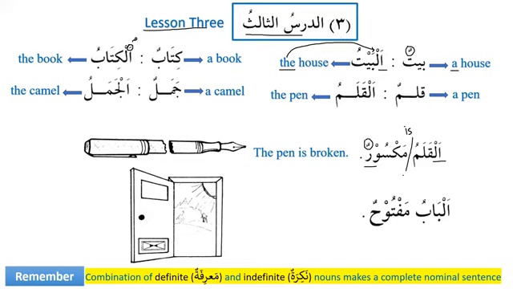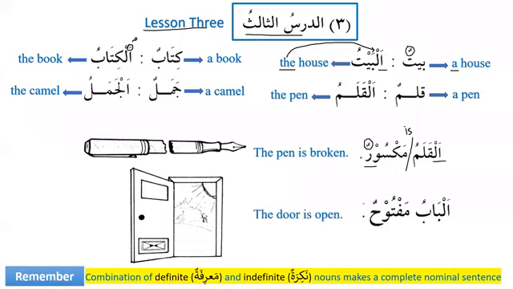In the previous two lessons, we discussed Asma'ul Ishara, hada and dhalika, and we know that hada and dhalika are also definite nouns. And now we can see that the third category is a noun to which we add al, which also becomes a definite noun, or marifa. Then we have al-babu maftuhun, the door is open.